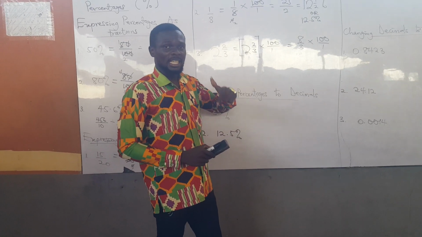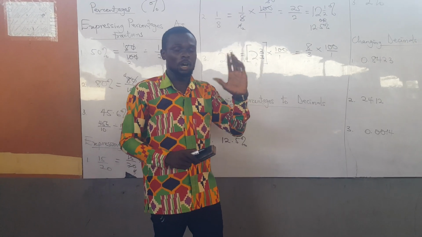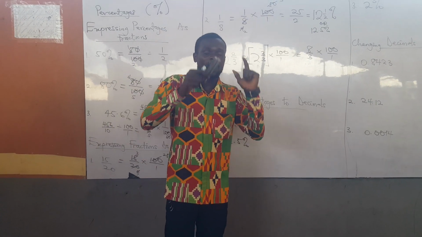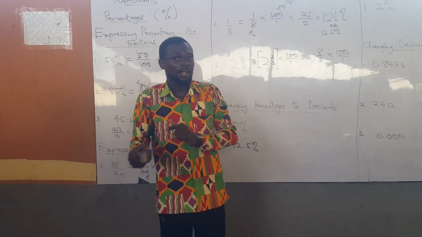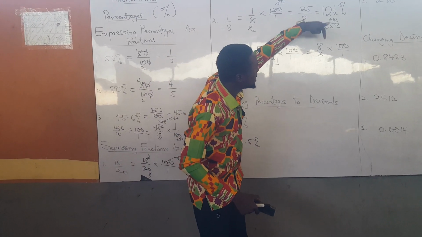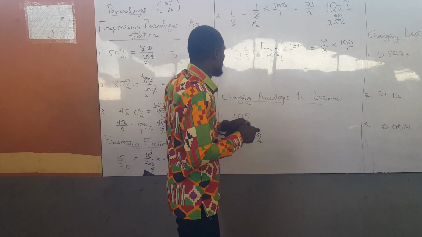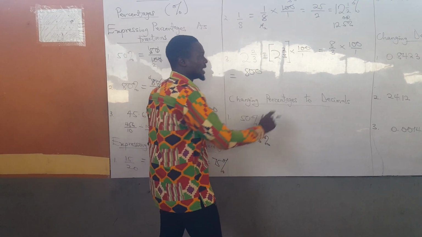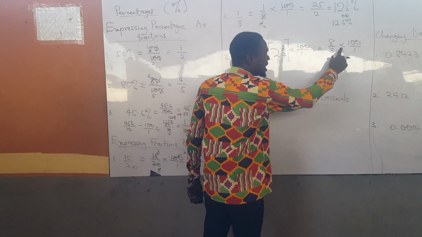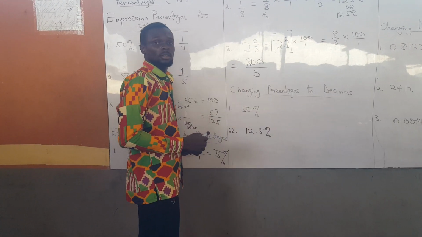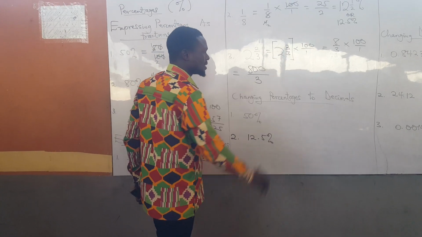Because we were told that in multiplication of fractions, you don't look for LCM. Multiply the numerator times the numerator, the denominator times the denominator. So numerator 8 times numerator 100 is going to give us 800. Denominator 3 times denominator 1 is going to give us 3. Then you express this as a percentage.